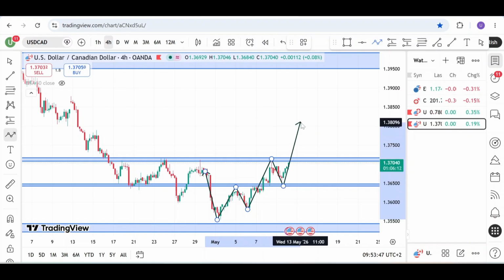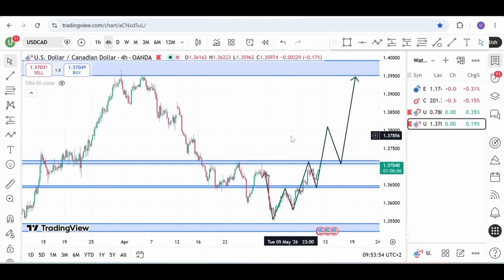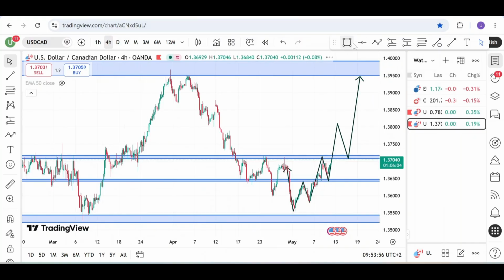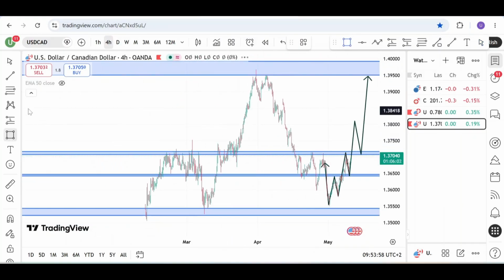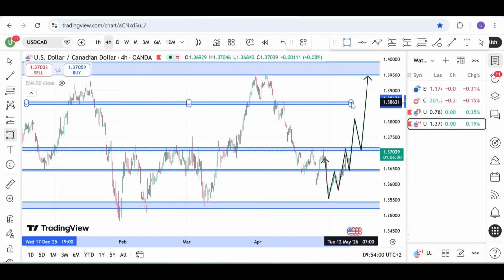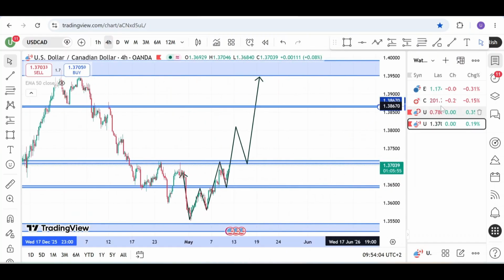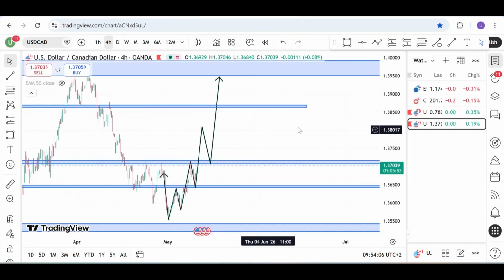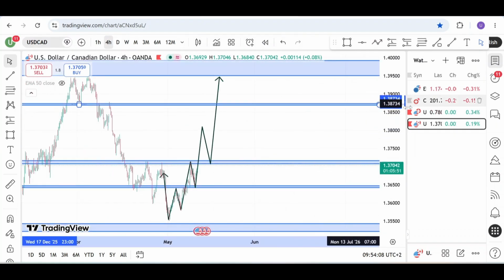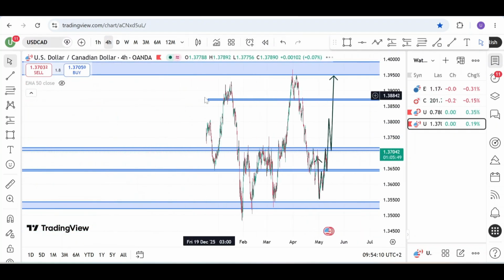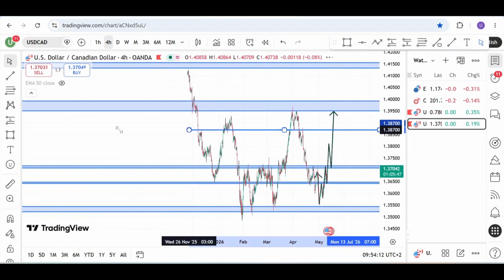We expect to see a break of structure for a higher high here, a retest of the higher low, and then we enter for a buy. This is another H4 zone here, and this is our H4 zone here.